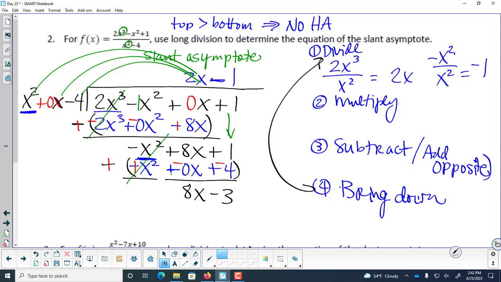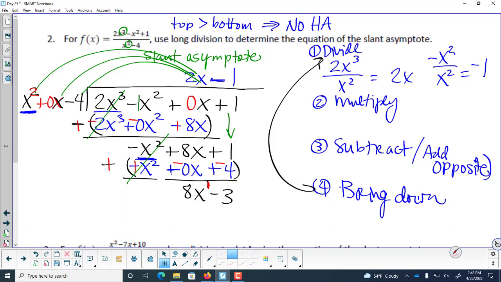Okay. Now, how do I know I'm done? When the degree here is less than the degree here. Yep. So our remainder isn't always a number, right? Our remainder is a binomial or this polynomial. But when the degree is smaller under here, you're done.